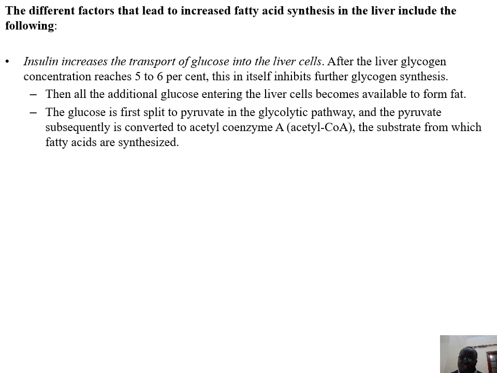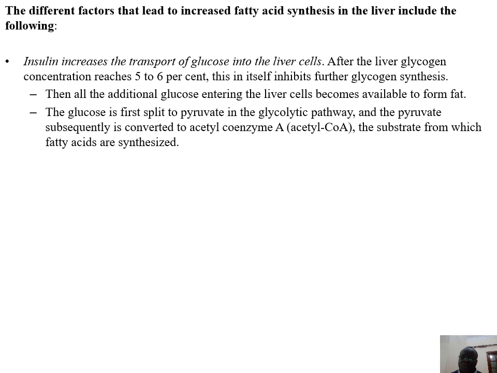The glucose is first split to pyruvate in the glycolytic pathway, and the pyruvate subsequently is converted to acetyl coenzyme A, the substrate from which fatty acids are synthesized.